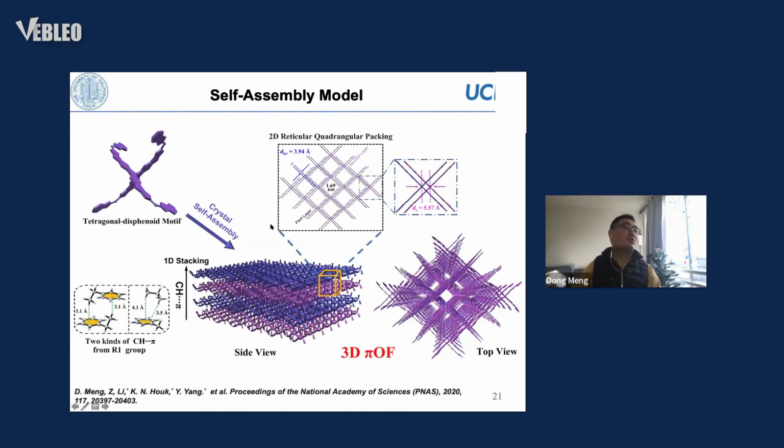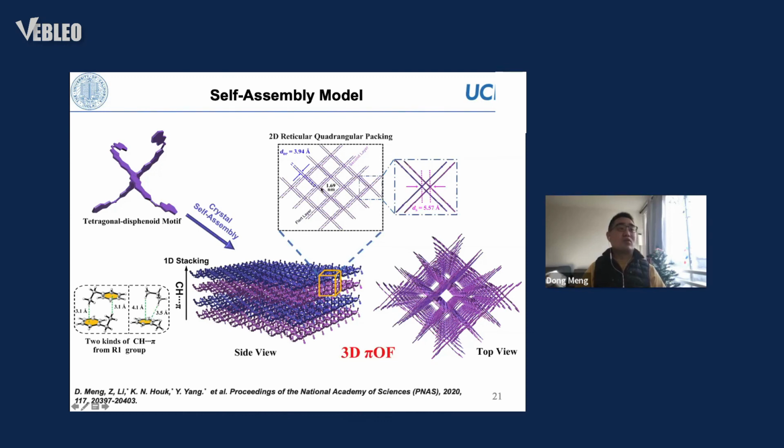This is the assembly model. This is the cross-linked configuration, forming a 3D layer-by-layer structure. Because the two layers have a slide, it is a slight distance, maybe 3.94 angstroms. Because of this slide, the pore becomes smaller.